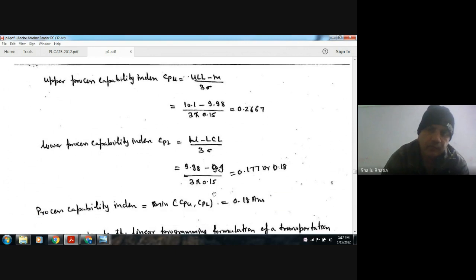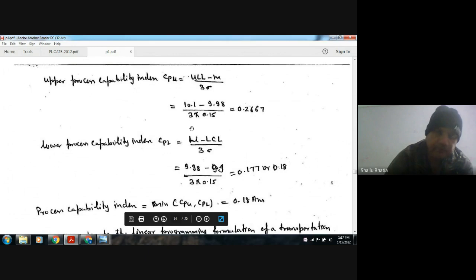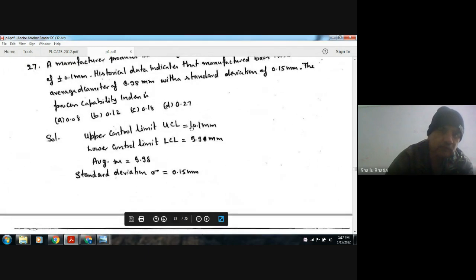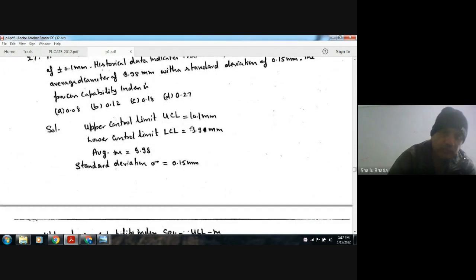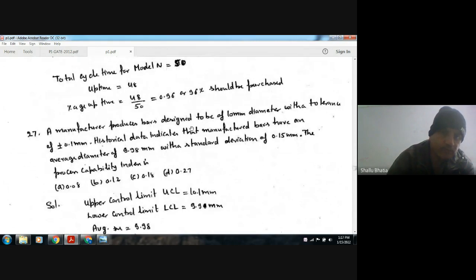So CPU comes out as 0.2667, and the lower capability index is the average minus LCL, where LCL is 9.9 and mu is 9.98, so we get 0.18. To determine the process capability index, we take the minimum of these two, which is 0.18. So the answer is C.